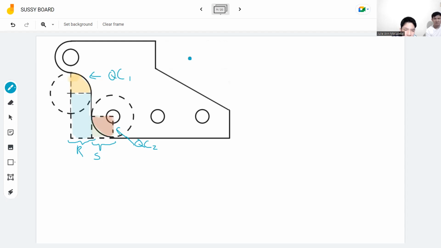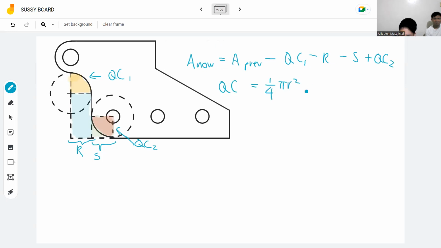So the analysis that we're going to do now: area now is equal to area previously minus quarter circle 1 minus rectangle minus square, but this time add the quarter circle 2.